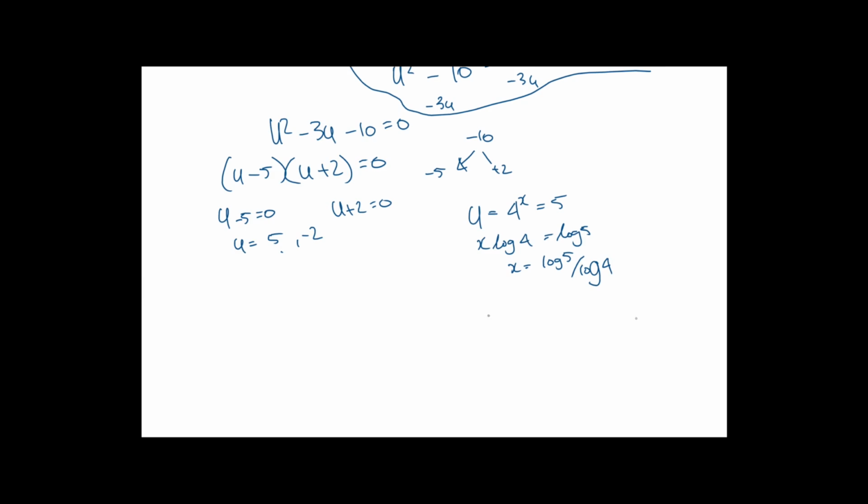And I think we're going to come a cropper when we do it for negative 2. But let's have a look. So 4 to the x equals negative 2. And then when we take the log of negative 2, is it going to give us an answer?